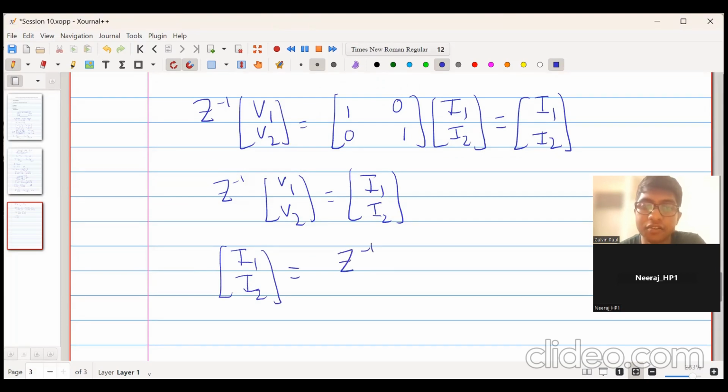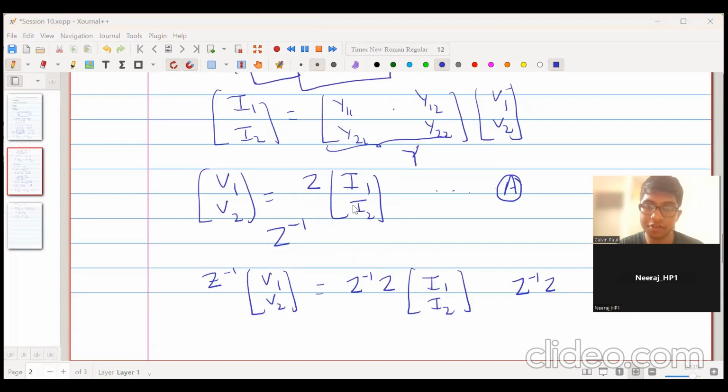So I1 into I2 is equal to Z inverse of V1 into V2. All right. Is this fine? This we got.